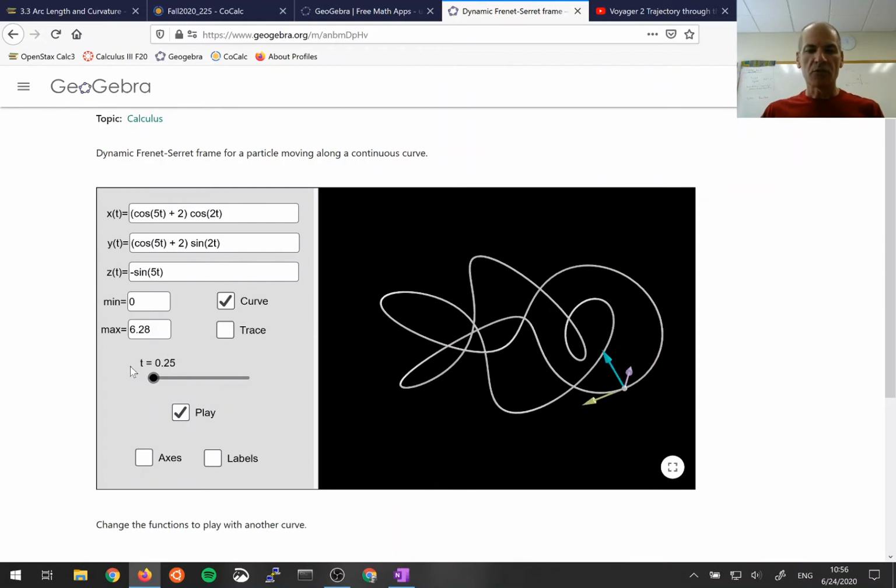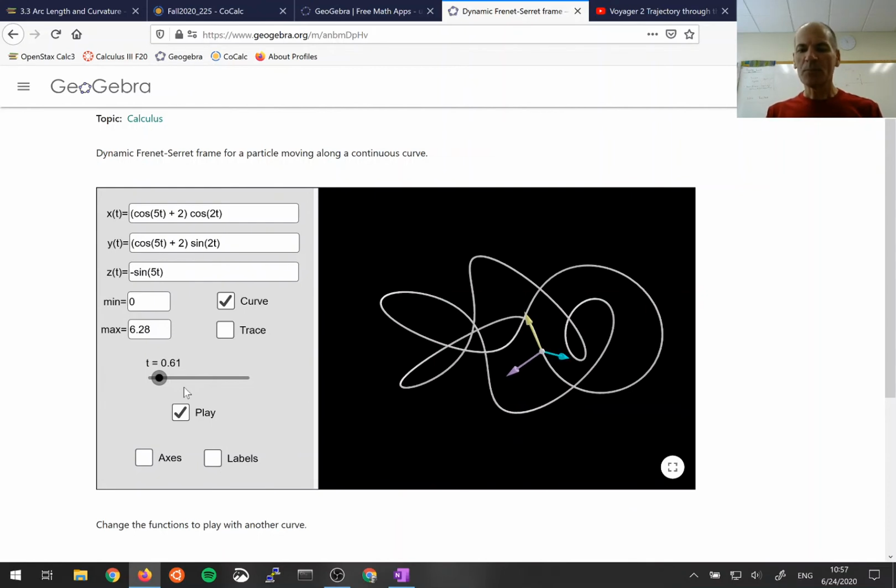Let's pause it right here, and I can give you a little bit of intuition about the purple vector. You see how the whole frame is kind of twisting as it travels through this section? That's something that's not at all obvious as you go through it, and that's what the purple vector tells me.